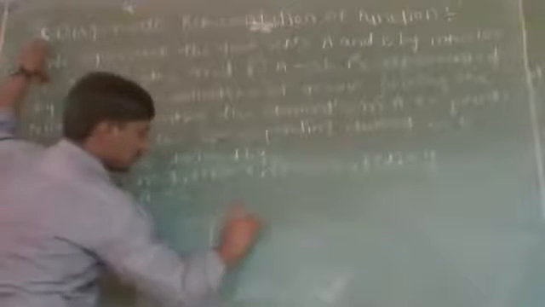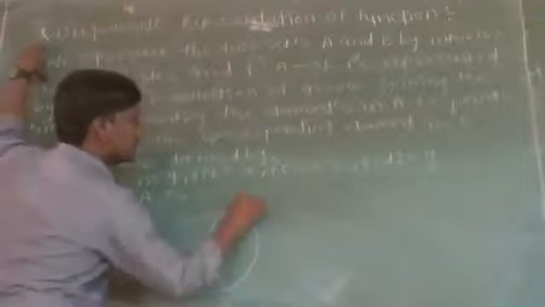So here we represent the two sets by the interior of two circles. Let these two circles be these. This one is A and this one is B. Set A contains four points a, b, c, d, and B contains four points t, x, y, and z.